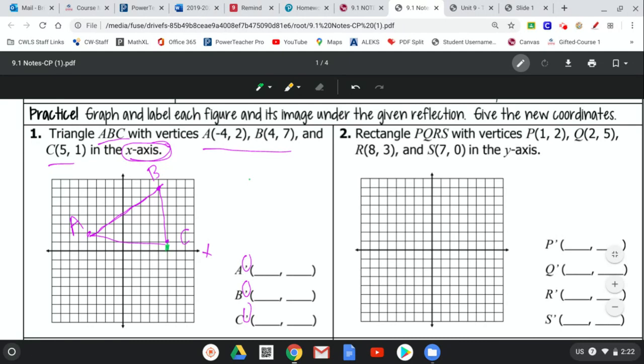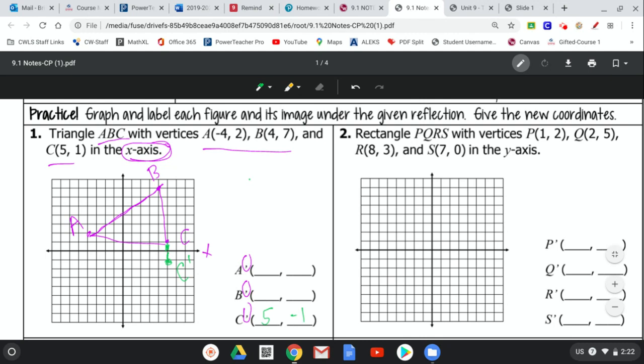So C prime is going to be 1 unit away from the x-axis. So that point right there, that's going to be C prime. So from there, you just got to figure out what is the xy coordinate. So we count over 1, 2, 3, 4, 5, and it's going to be 5, -1. So C prime is going to be 5, -1.